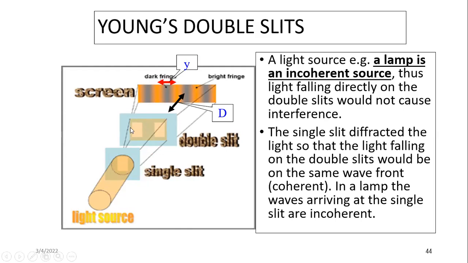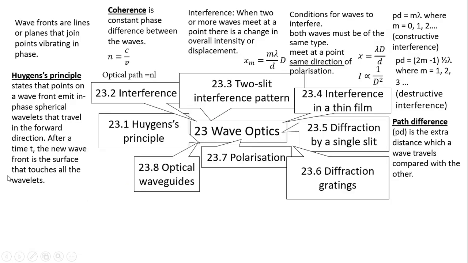That's how we get coherence for the two slits here. In a lamp, the waves arriving at a single slit are incoherent. They come in different phases. So we use laser, then we don't need to use a single slit anymore. Okay, so we have completed that.